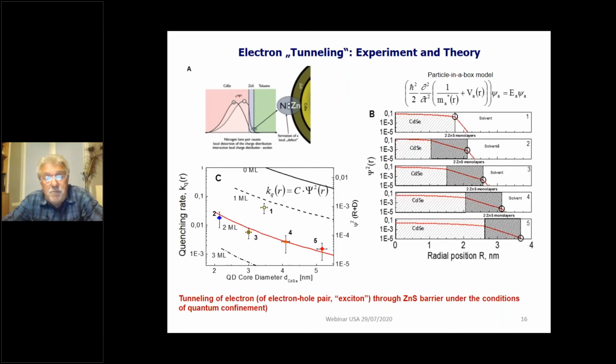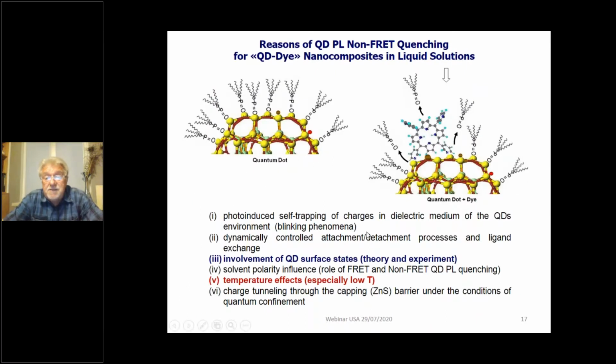So upon attachment of porphyrin molecules to quantum dots, the main quenching process is connected with capturing of this electron on the quantum dot surface. The next step is to analyze what happens on the quantum dot surface. In this case, it's necessary to take into account some possibilities.